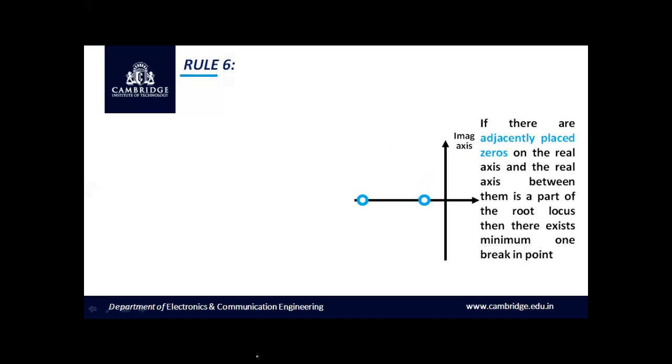We know that this region is the existence of root locus, as root locus exists to the left of an odd number of poles and zeros. So it is very clear and evident that root locus exists in this region. And if this condition occurs, what has been specified here? There exists a minimum of one break-in point.